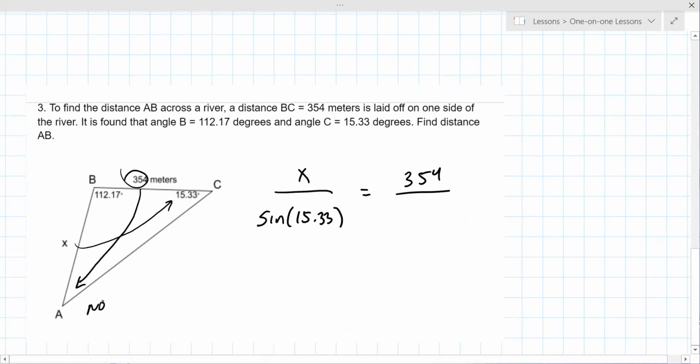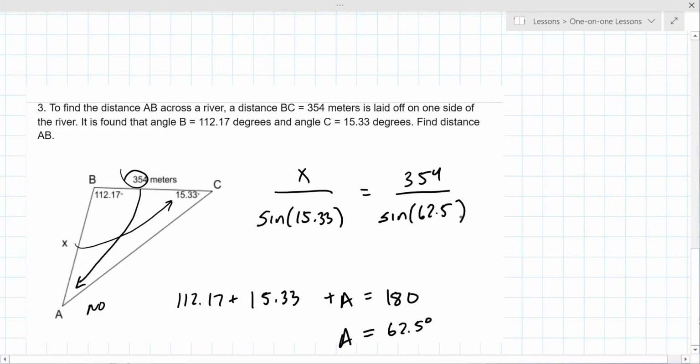No. But we know that 112.17 plus 15.33 plus angle A equals 180. So we can solve for angle A. So what is that, 62.5 degrees? Yeah, there we go.